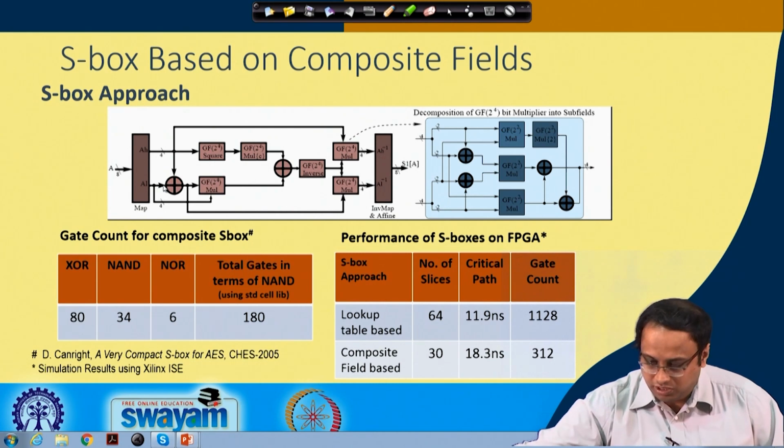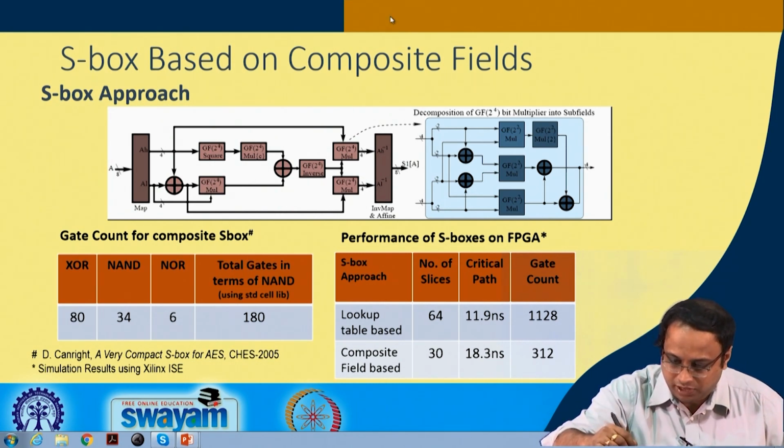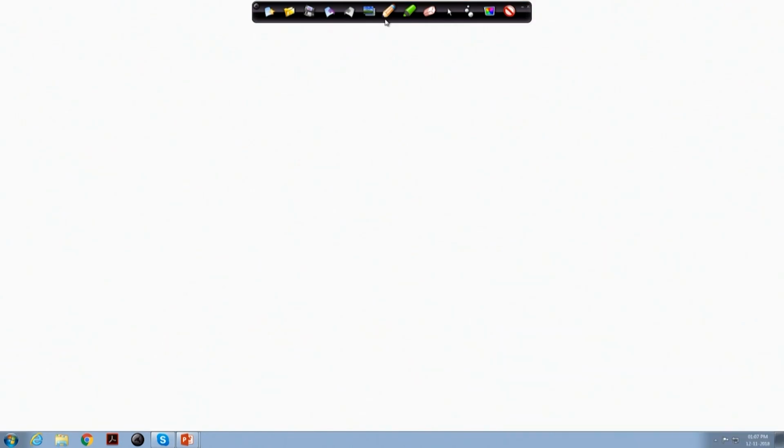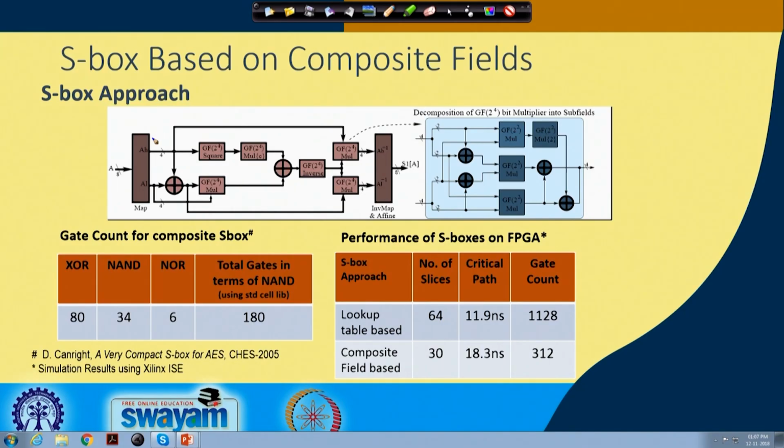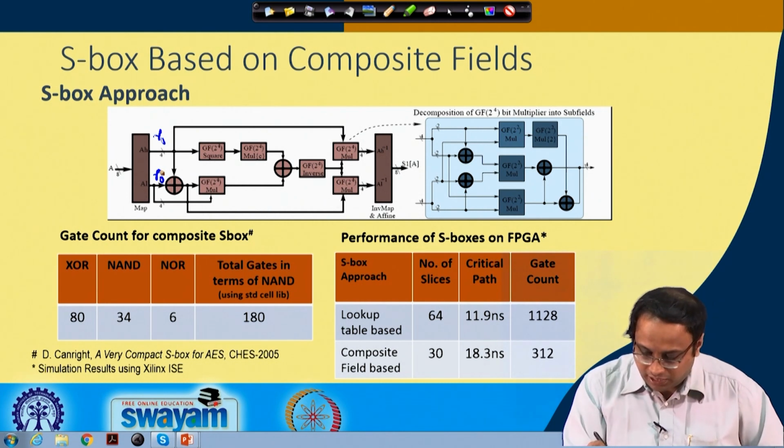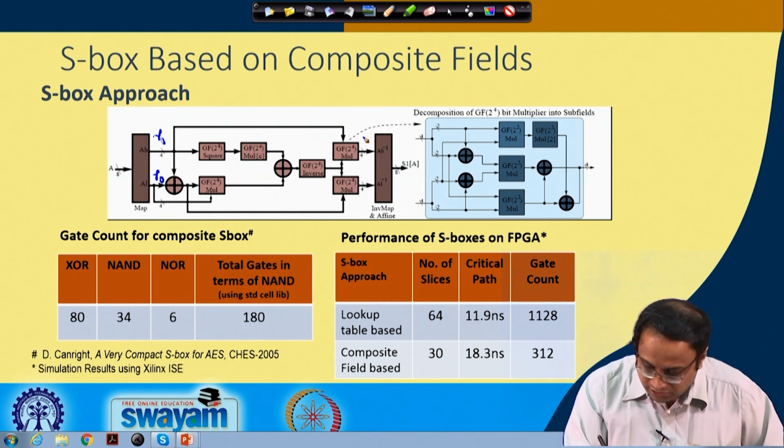So what I do here is annotate based on the previous discussions. I can write this as gamma 1, so this is my gamma 1 part, and this is your gamma 0. Now I calculate delta 0 and delta 1. So this is my delta 0 and this is my delta 1.